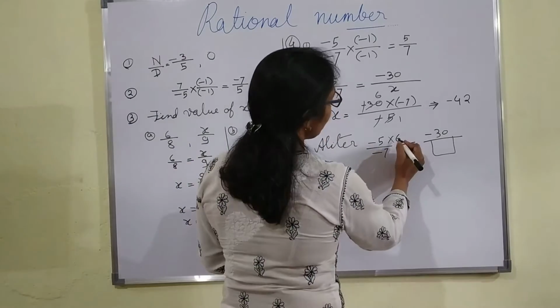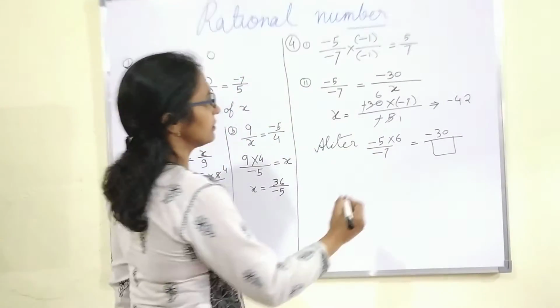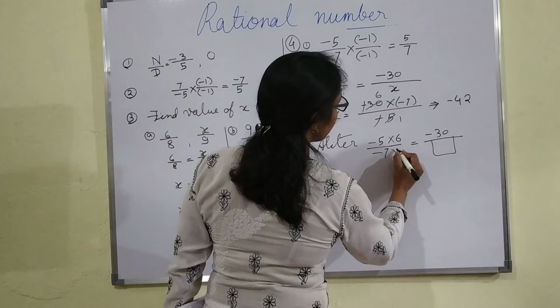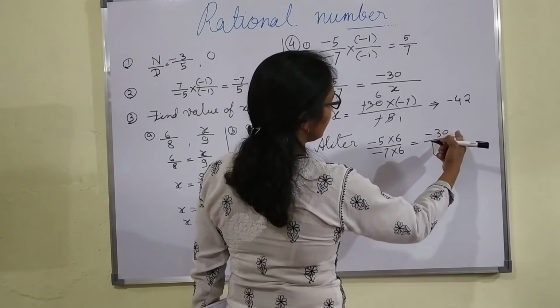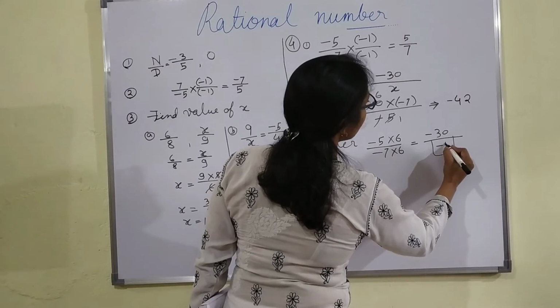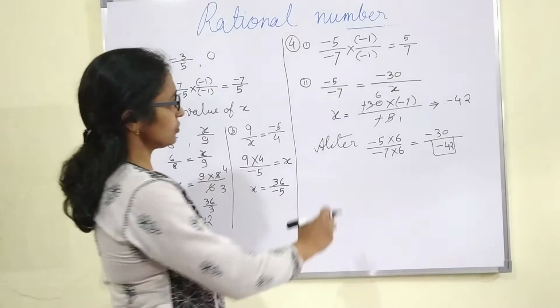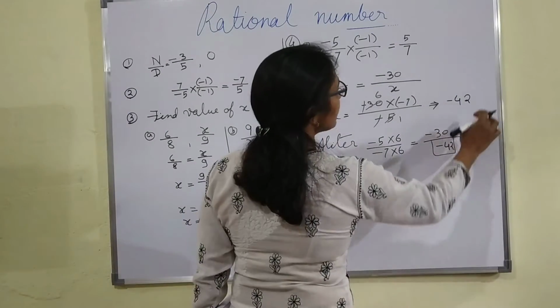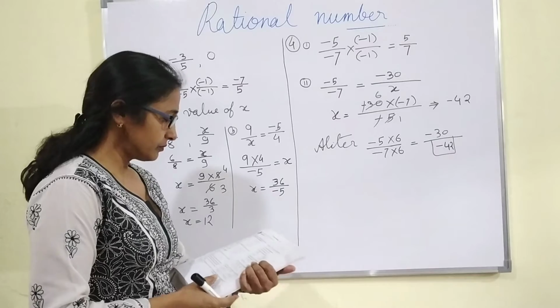Same thing, if we multiply the numerator with 6, then in the denominator also we will multiply it with 6. So 6 5s are 30, minus 30. So here minus 42 will come. So in both ways our answer is minus 42.